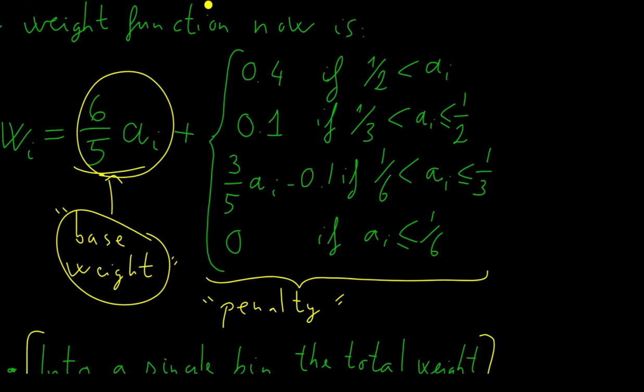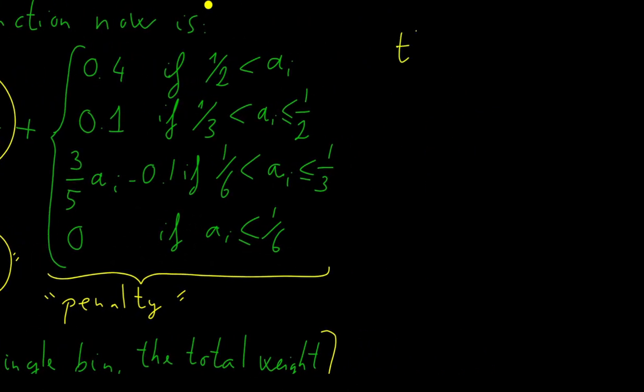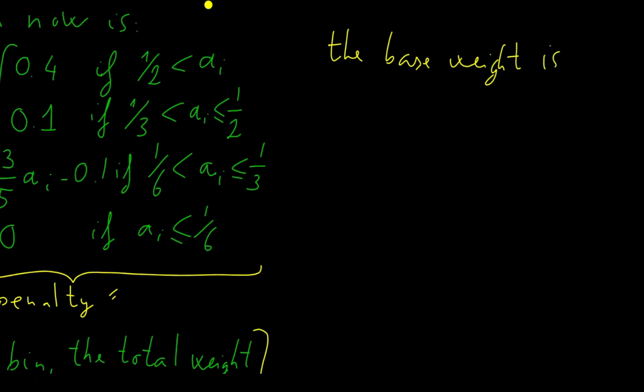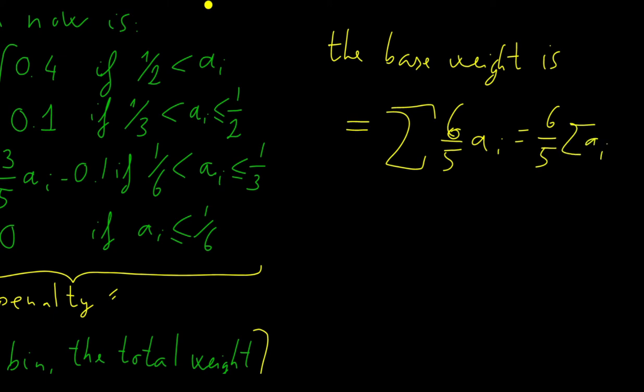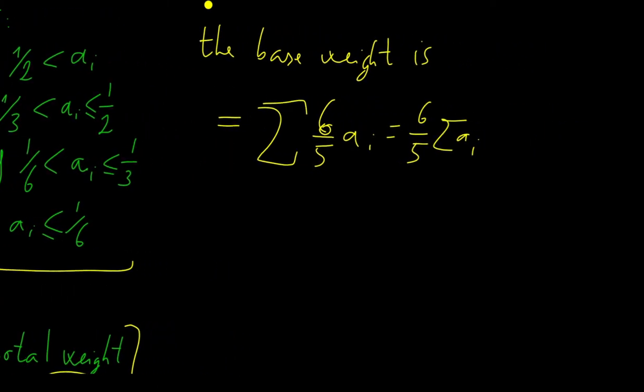The base weight is the sum of 6/5 times the a_i's for those a_i's which are in the bin, which is of course exactly 6/5 times the sum of the sizes of the objects in the bin.